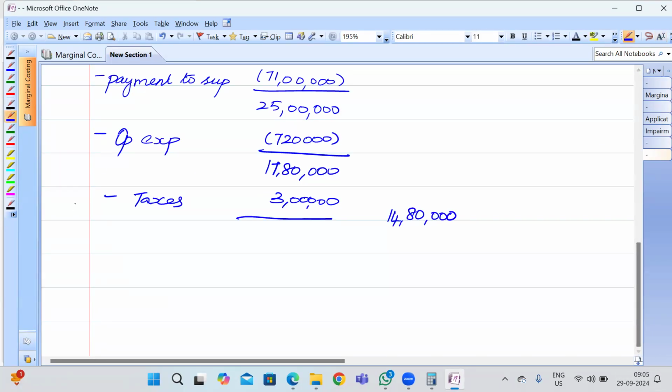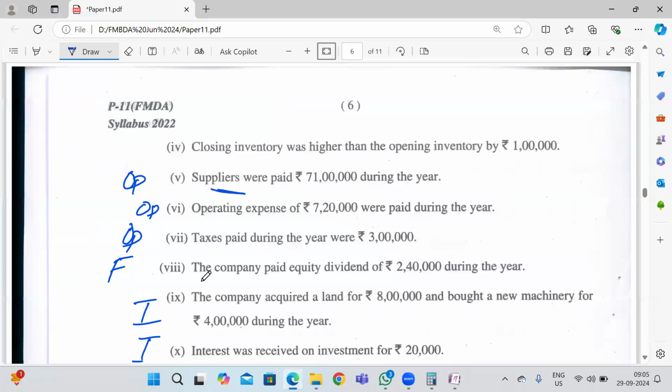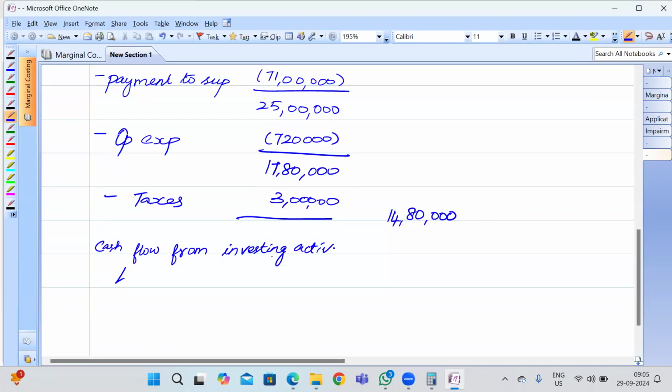Now cash flow from investing activities. Here, what we have is land. For land we have invested 8 lakhs, and for new machinery we have invested 4 lakhs. So this is all outflow, and I should reduce this outflow.